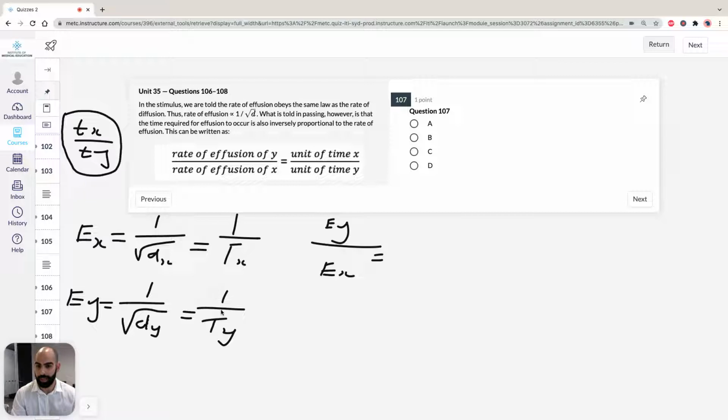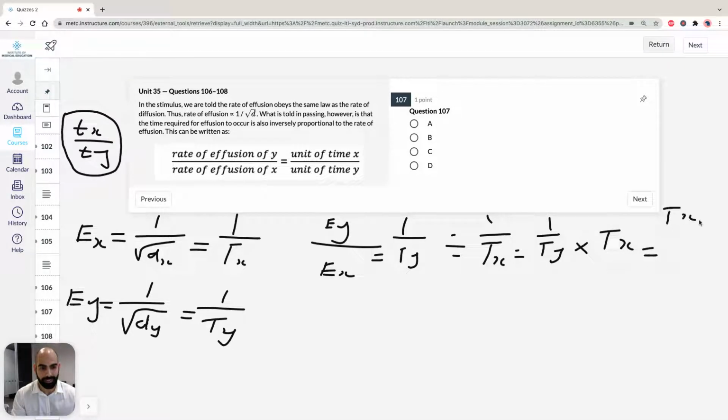EY over EX is 1 over time Y divided by 1 over time X. Reciprocals, we can rewrite this as 1 over time Y times Tx over 1, or just Tx. That equals Tx over Ty. So straight away, EY over EX equals Tx over Ty, which is what we have here.